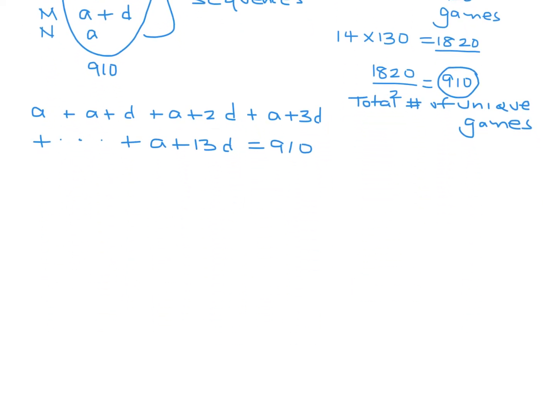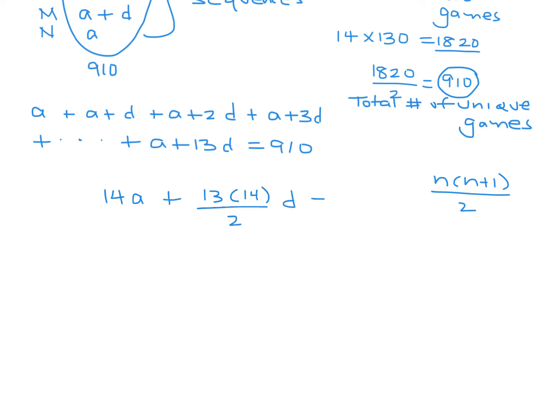Okay, so this is an arithmetic sequence, pretty easy. How many A's do we have? We got 14 A's. And then we've got to add up D plus 2D all the way up to 13D. And you guys remember that formula, N times N plus 1 divided by 2 when you're adding consecutive numbers. And in this case, you're adding consecutive numbers from 1 to 13. So it would be 13 times 14 divided by 2.